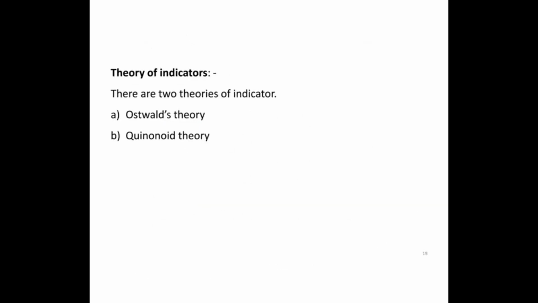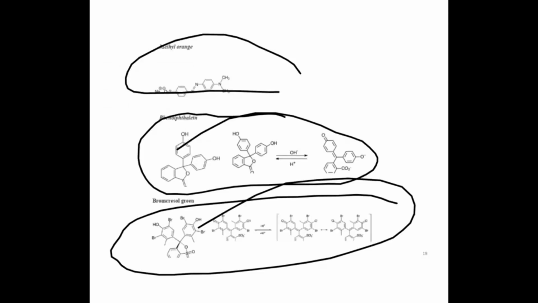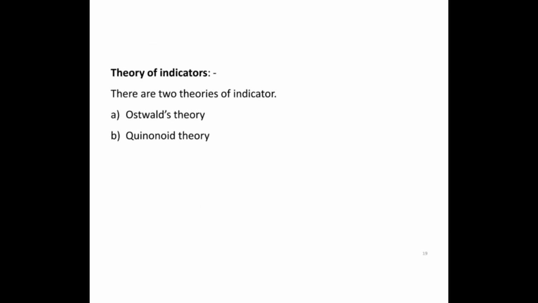Those are the structures of indicators. And next is the theory of indicators. There are two theories of indicators, that is Ostwald's theory and Quinoid theory.